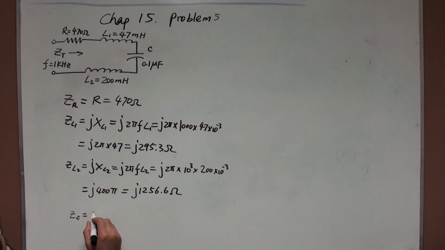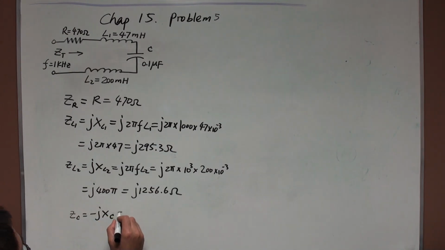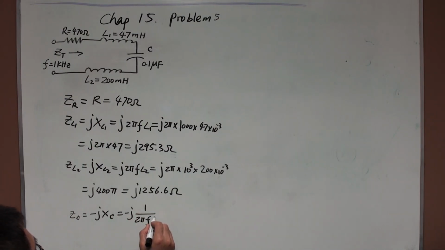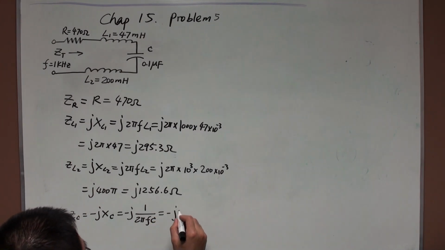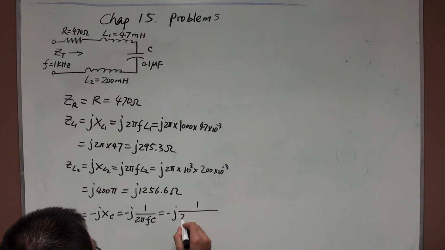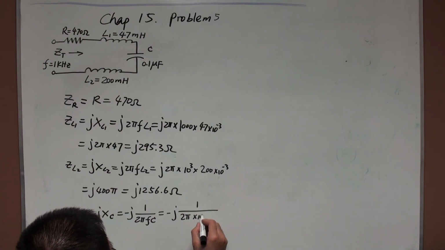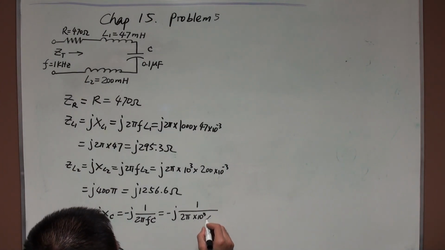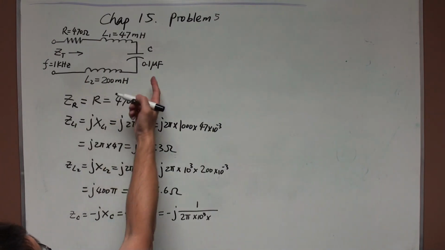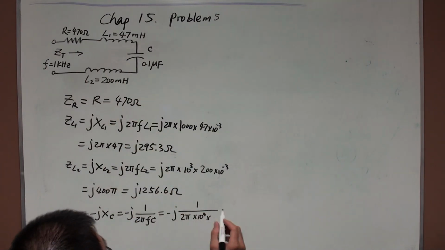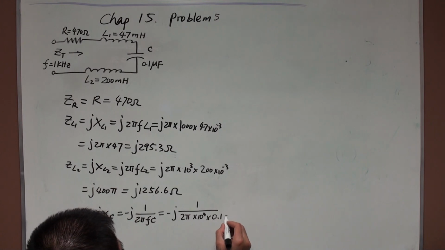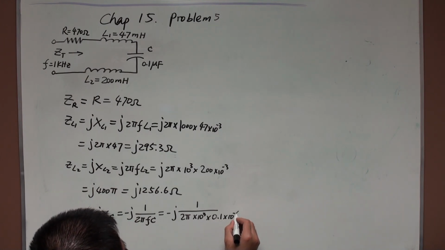And then for the capacitor, we know ZC is equal to negative jXC. Okay, so it's negative j. XC we know is equal to 1 over 2 pi fC. Okay, so it's equal to negative j 1 over 2 pi, f is 1K, which is 10 to the power of 3, times C. You see C is 0.1 microfarad, so it's 0.1 times, micro is equal to 10 to the power of negative 6, okay?